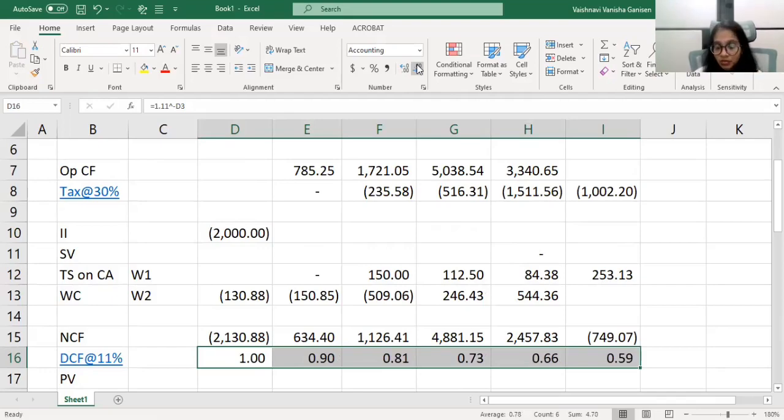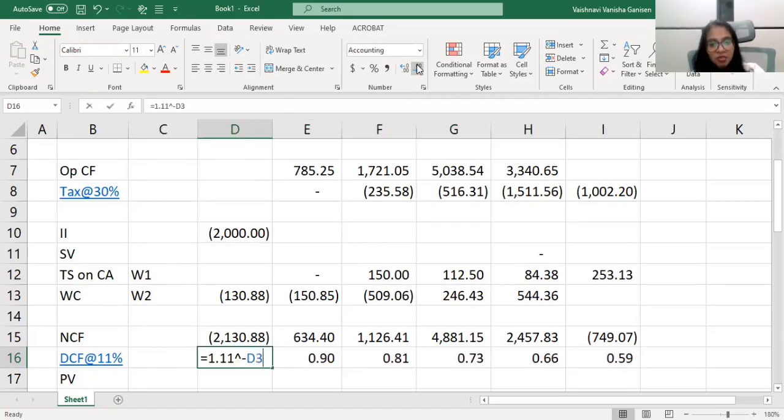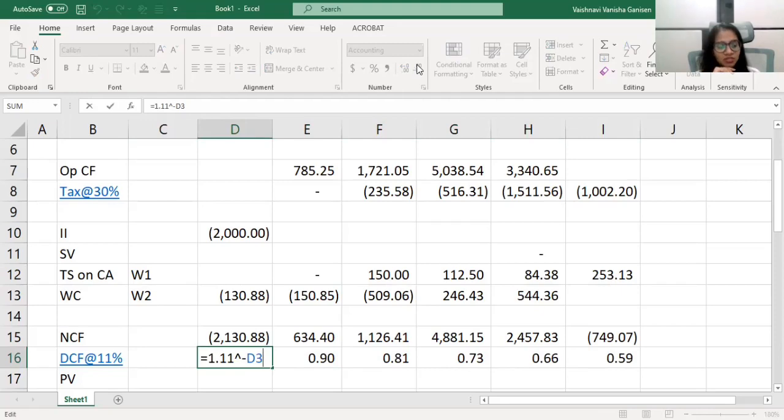Also, do not waste time trying to copy and paste from the formula sheet. It's a waste of time. If you use my formula, guys, you make your life so much easier, because it's such a simple formula. 1.11 to the power of negative year. So easy, so straightforward. Enter.